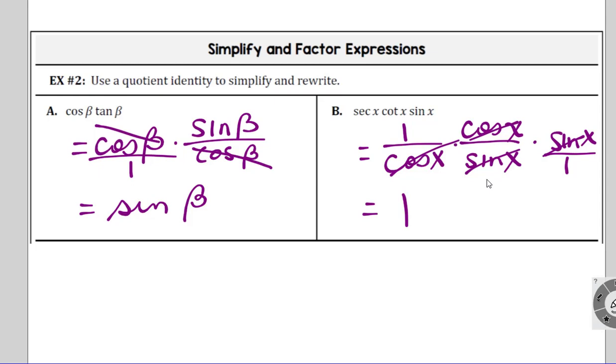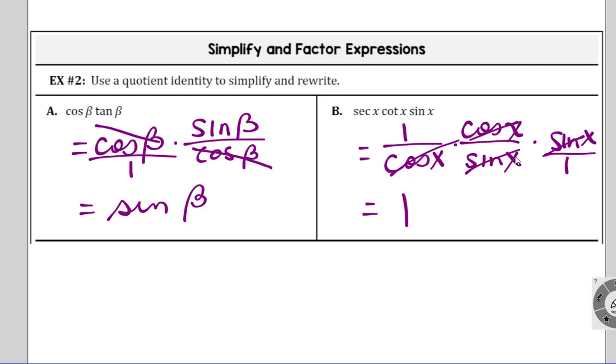Okay? Yes? So for secant, we did one over cosine because that is the reciprocal identity. That's correct. And for cotangent, that's the quotient identity. That's right. So would we use the reciprocal identity for sine also?